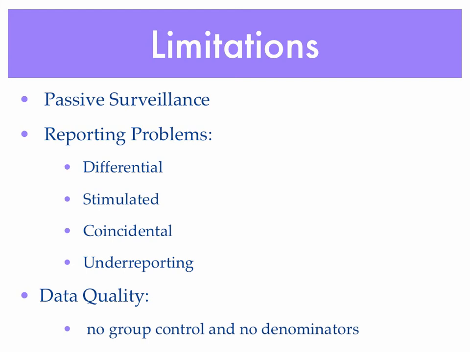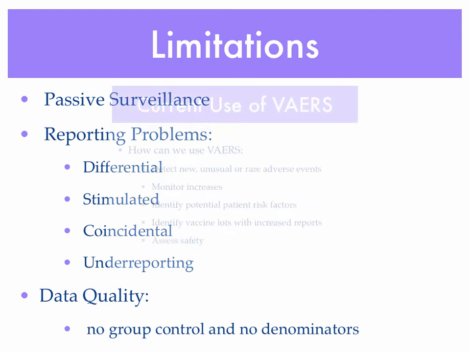VAERS does not collect any kind of denominator data. So that basically means that they don't collect data on the number of doses of a vaccine that were administered, and so you really can't calculate any actual rates of adverse events, and there's really no control group, so that limits their data.